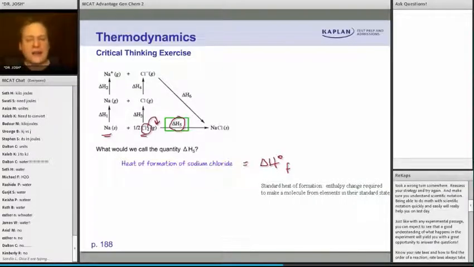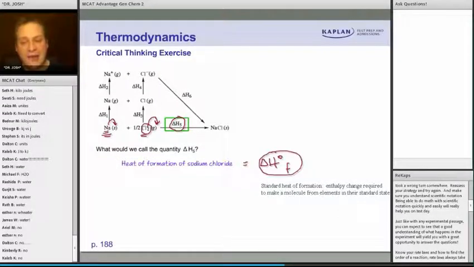So all delta H5 tells us is the amount of energy it took to make sodium chloride from elements in standard state. And we remember that chlorine is normally found as one of our Hofbrinkel diatomics, and we know it's a gas. Sodium is usually found elementally as a solid on its own.